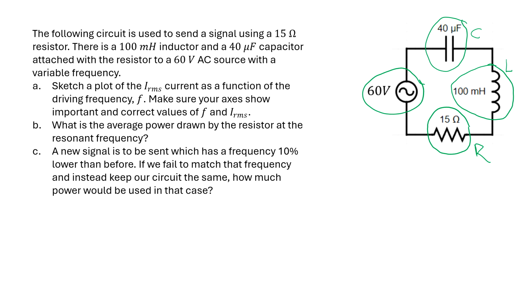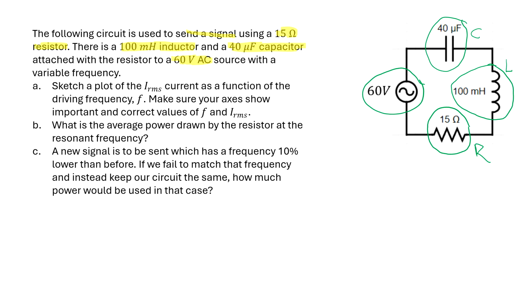The circuit used to send a signal, that might be important, but maybe not. Using a 15 ohm resistor, that sounds like an ohm value, R, the resistance. And this is a 100 millihenry inductor, that's our L, and a 40 microfarad capacitor, that is our C value, attached with a 60 volt AC source. Variable frequency.